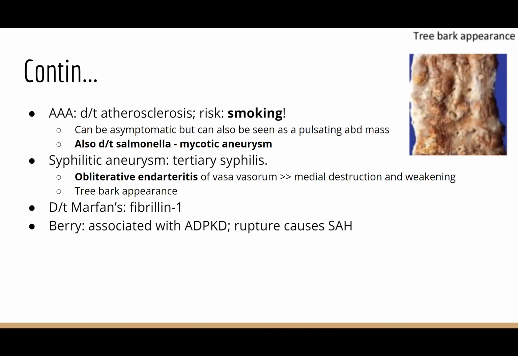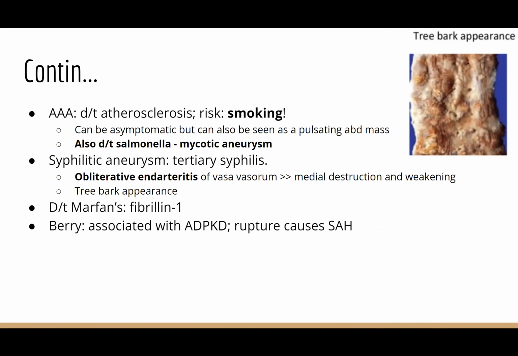Okay, continued. So we said that atherosclerosis is going to give you the AAA. What is the biggest risk factor? Smoking, which makes sense because when we went back and we talked about the atherosclerosis, the biggest risk factor was smoking. Why is it smoking? Because smoking is going to give you endothelial injury. It's going to have an insult on there. And then you get this process that eventually leads to an atherosclerotic plaque.